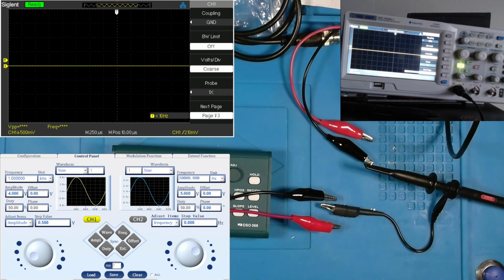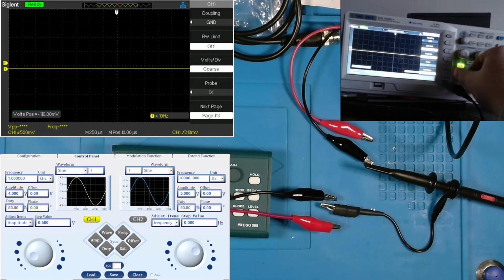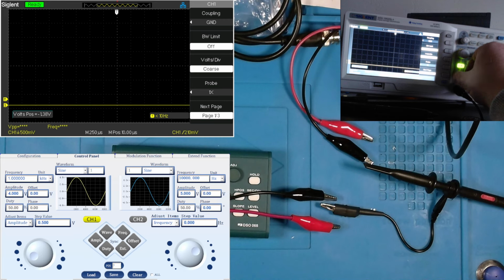Before I test for a DC voltage using the oscilloscope probe, I'm going to do a couple things. I've set my coupling back to ground, and I'm going to put that near the bottom. Preferably you'd have it at the very bottom, but for demonstration purposes, I'm going to put it right about here.